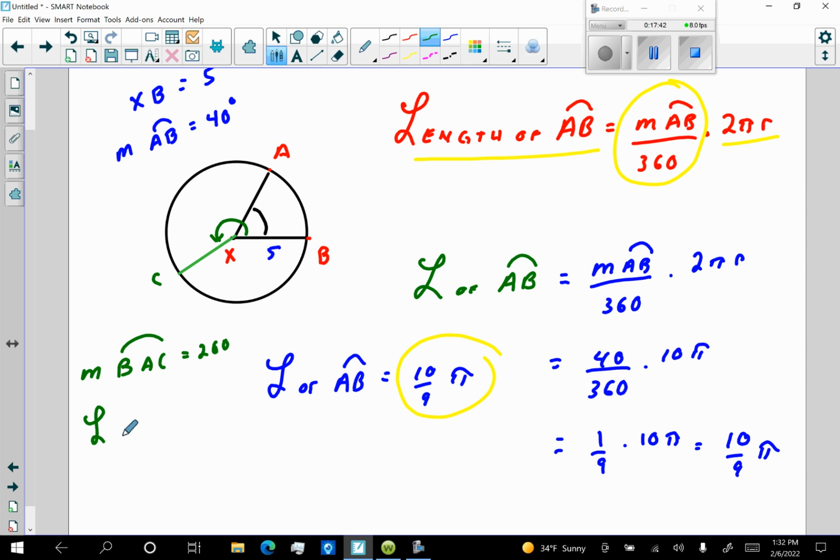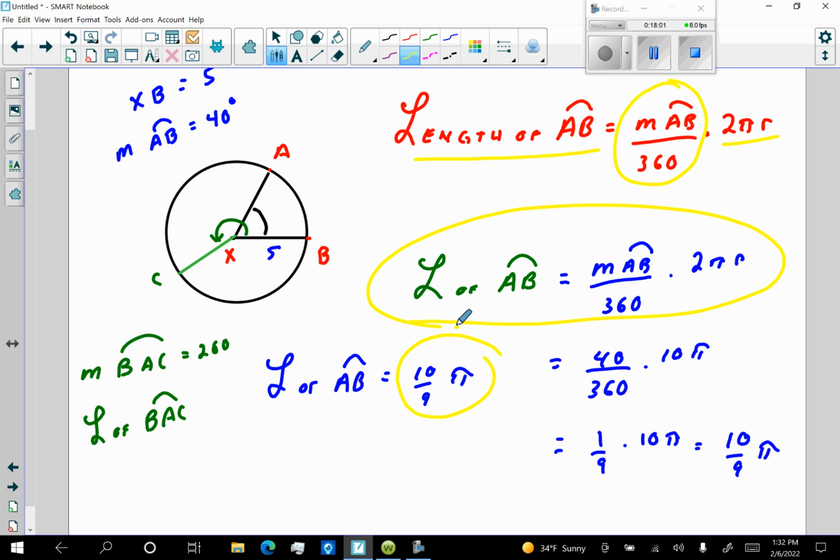Let's find the length of major arc BAC. Well, again, I'm going to use the formula, and I'm going to write the formula down for the assignment. We're going to want to see this formula written down each time.